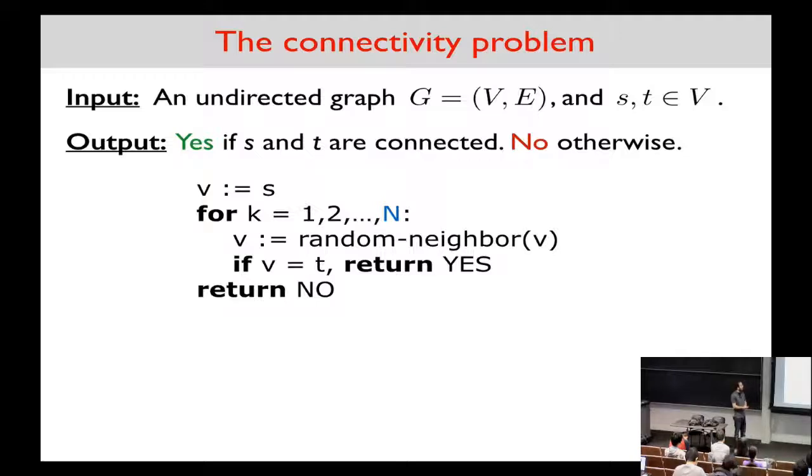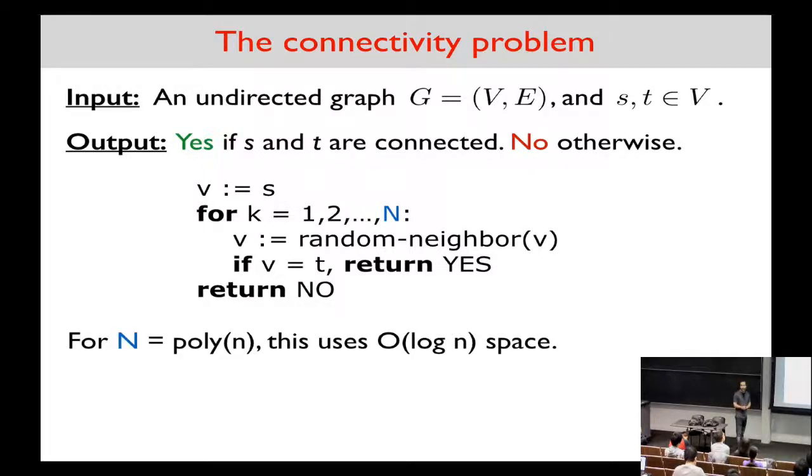Now, what is the space complexity of this? Well, it depends on what capital N is going to be. If capital N is polynomial in n, then this counter k, a variable going from 1 up to N, needs only order log n space to represent that number.